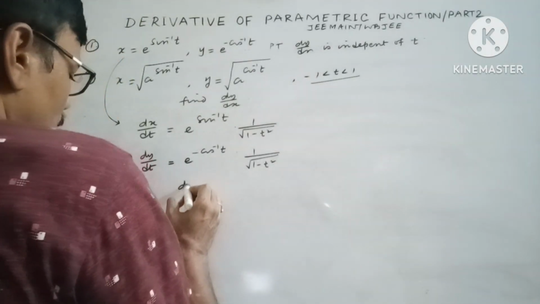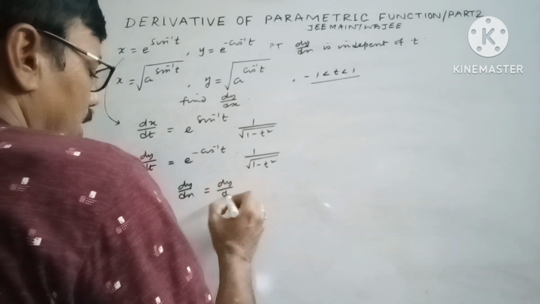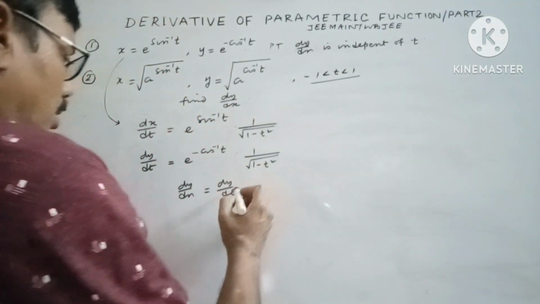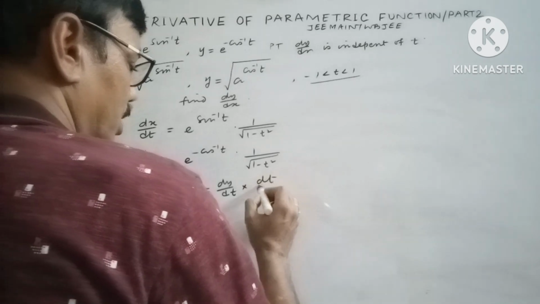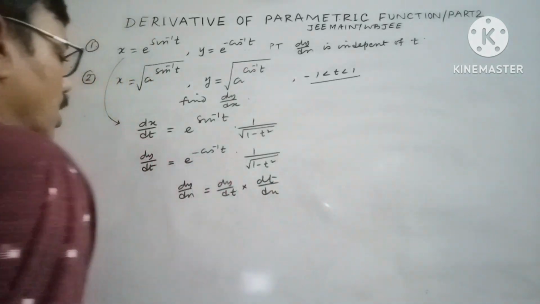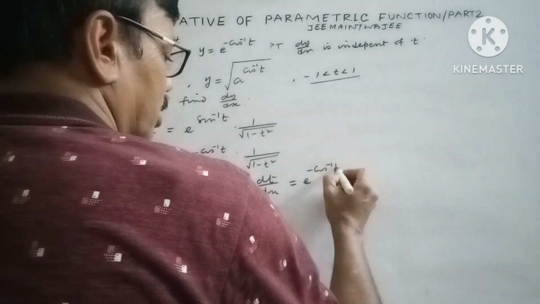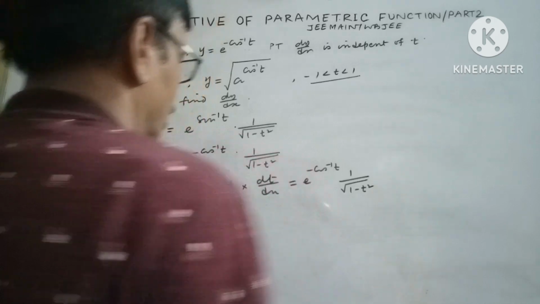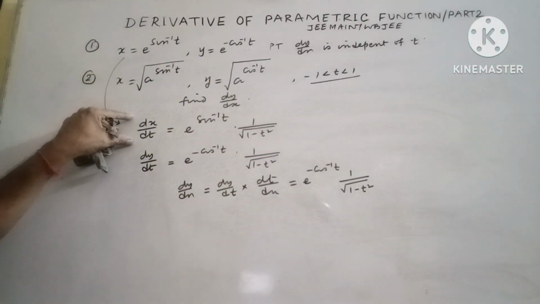Now by chain rule, dy by dx equals dy by dt, because the parameter is t, into dt by dx. So what is dy by dt? e to the power minus cos inverse t into 1 by root under 1 minus t square, and dt by dx is the reciprocal of it.